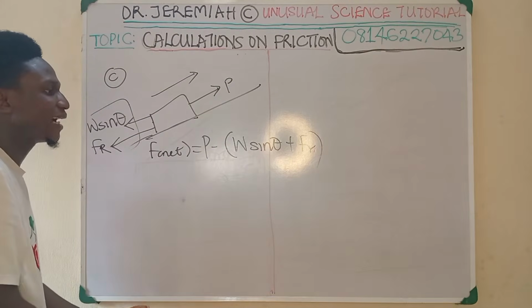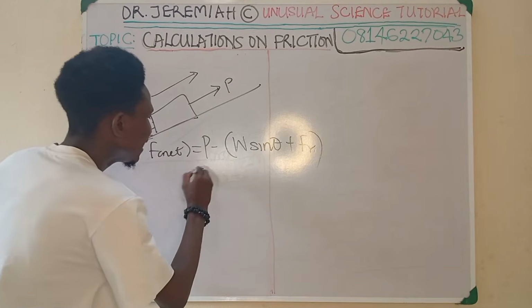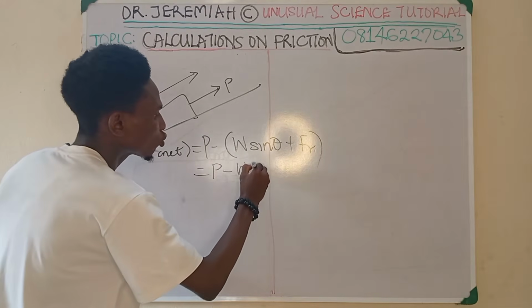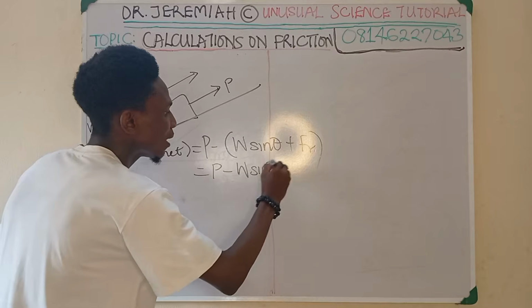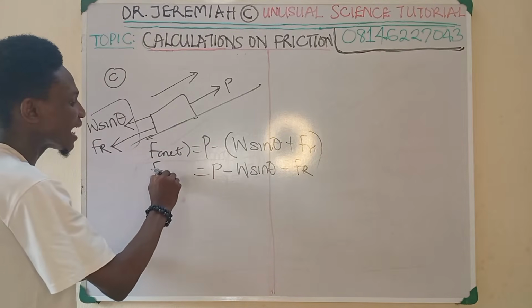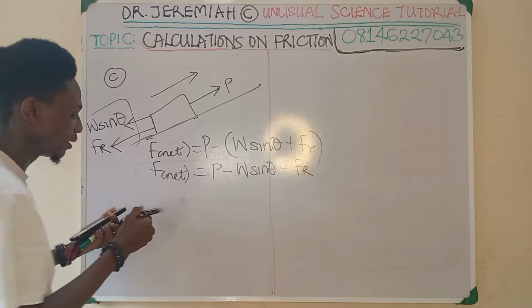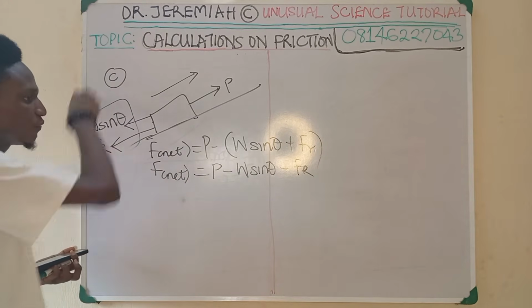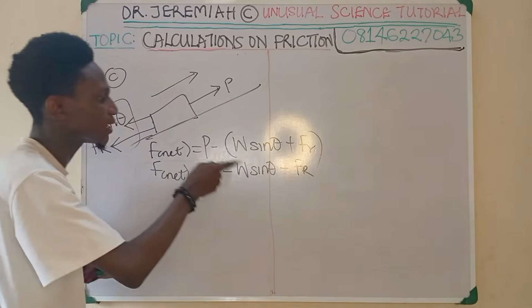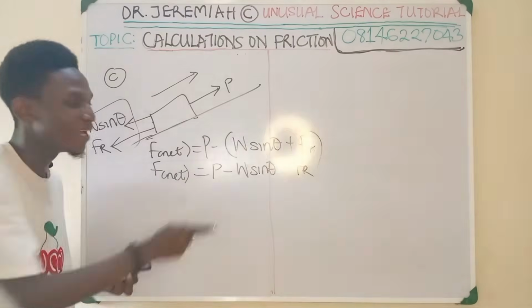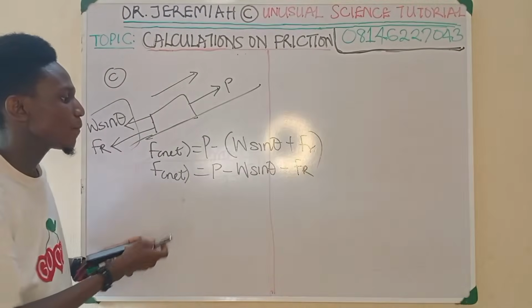So you have P minus W sin theta minus frictional force when the body is acting upwards. Please take note, pulling force minus both of them. You put them in bracket, and when you open the bracket, minus times plus is minus, minus times plus is minus. So you have P and W sin theta.